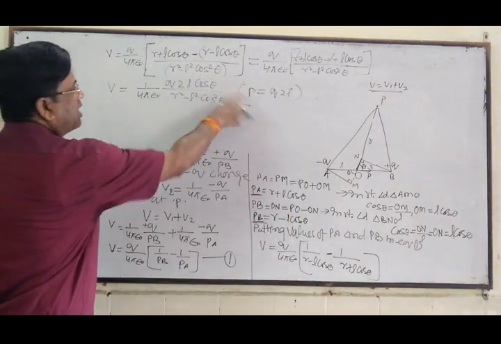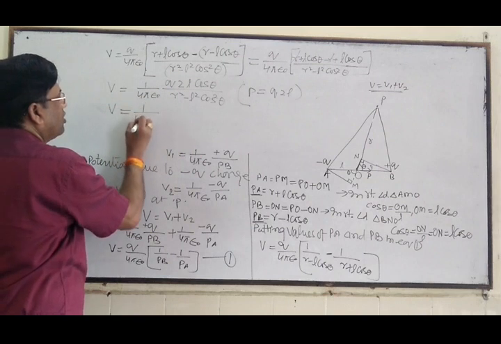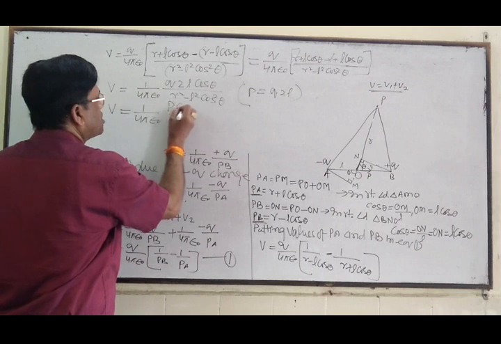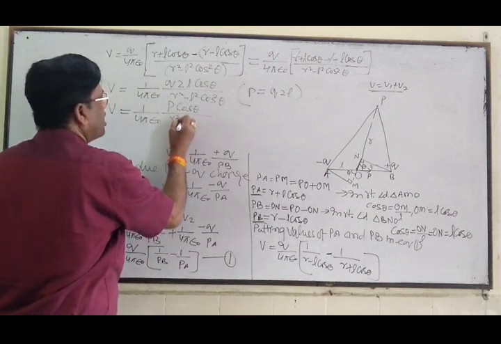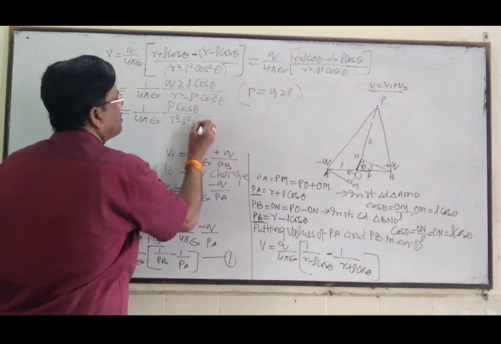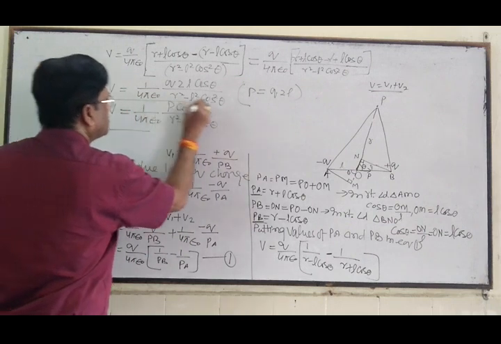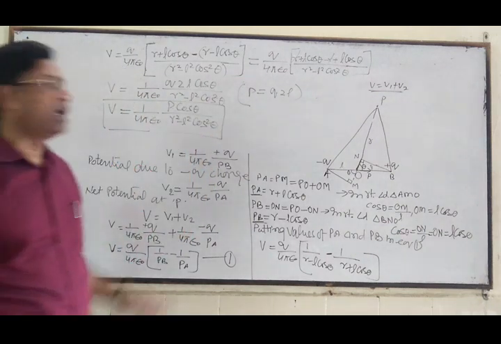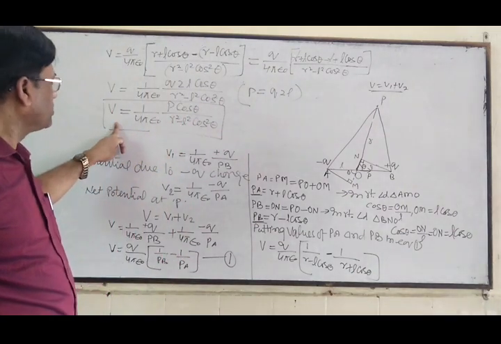At this place you can write that V is equal to 1 upon 4 pi epsilon naught P cos theta upon R square minus L square cos square theta. This is the formula of electrical potential at a point due to a dipole.